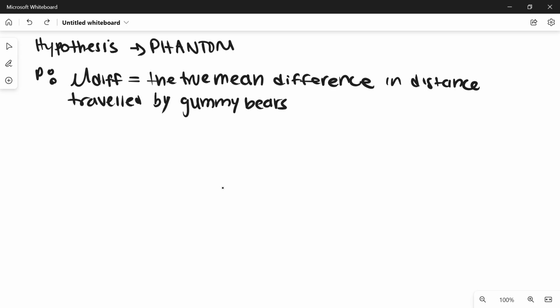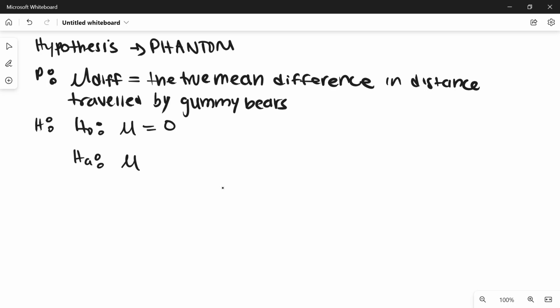Okay, moving on. So we have the hypotheses, the original hypothesis and the alternative hypothesis. Since we're working with mean, we start with mu. So we're going to say that mu diff is equal to 0, which is the null hypothesis.